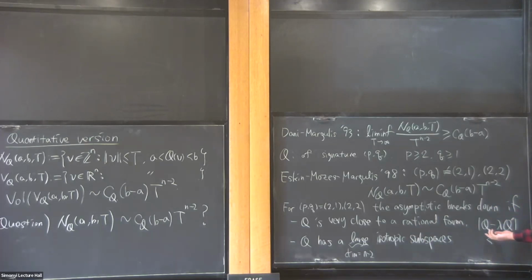Of course, this Q prime might have a large coefficient, something like this for a given large exponent capital N. So this is in the sense of metric Diophantine approximation for the coefficients of the quadratic form.